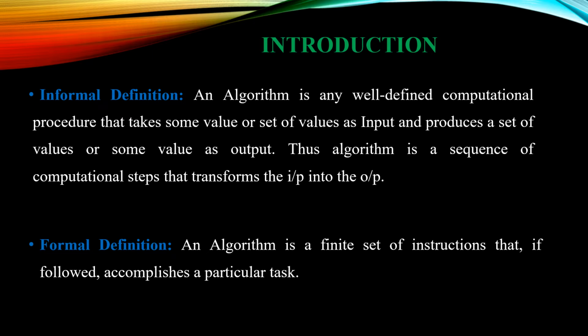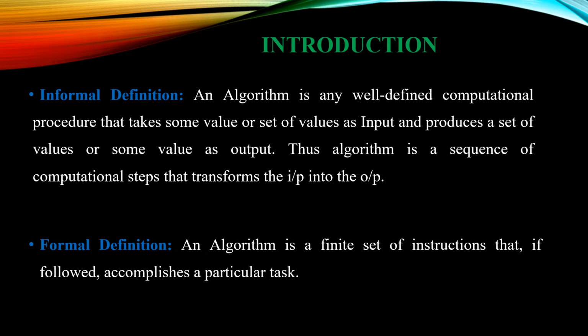Based on the informal definition, an algorithm is any well-defined computational procedure that takes some value or a set of values as an input and produces a set of values or some value as an output. Thus, an algorithm is a sequence of computational steps that transforms the input into an output format. This definition we can call the informal definition.